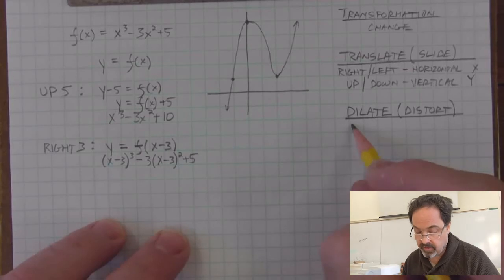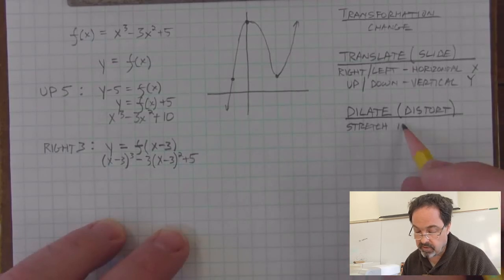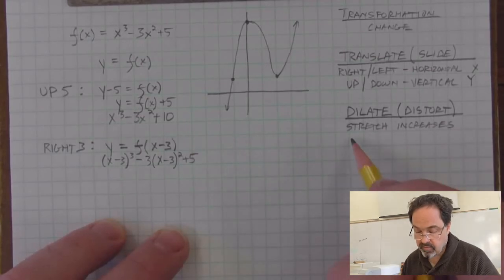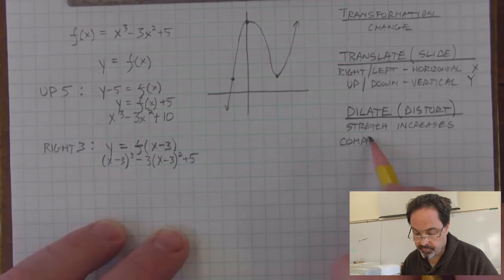A dilation that we describe as a stretch increases distances, and a dilation that we call or describe to be a compression decreases distances.